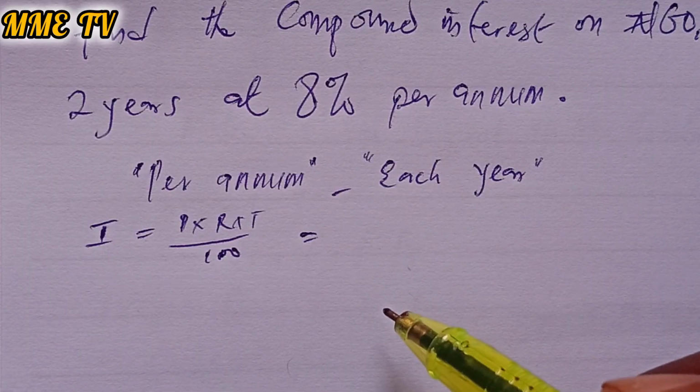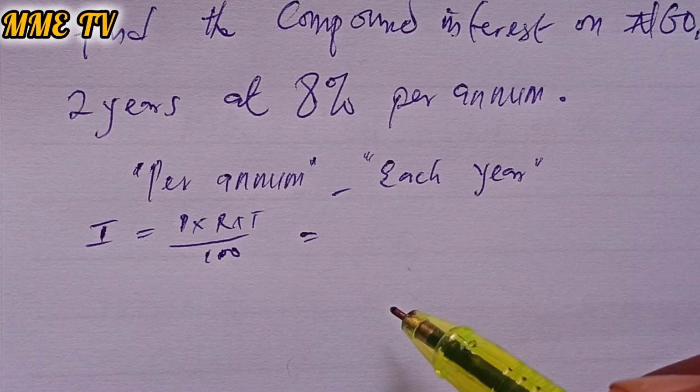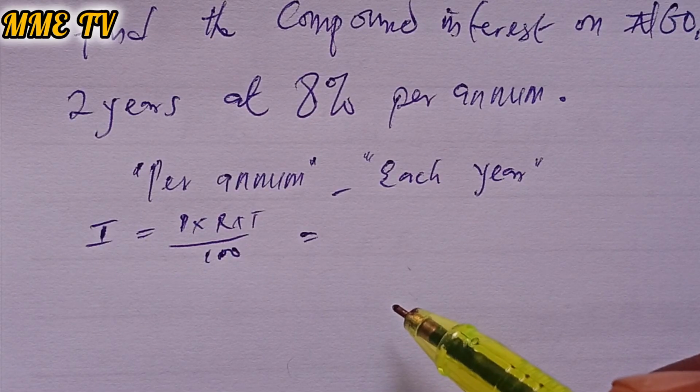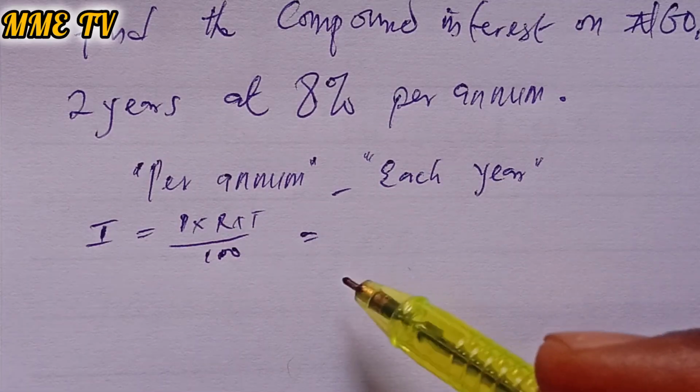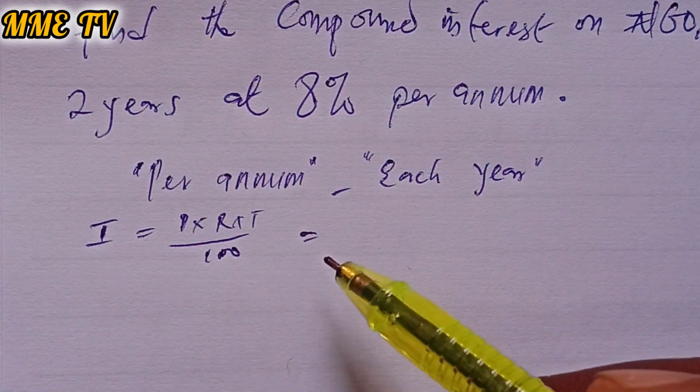But the only difference between solving simple interest and compound interest is that when you're asked to solve simple interest, any particular amount which you generate at the end of using this formula becomes your answer.